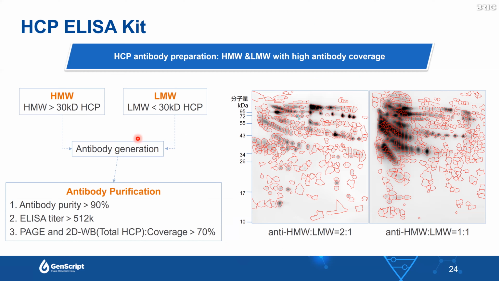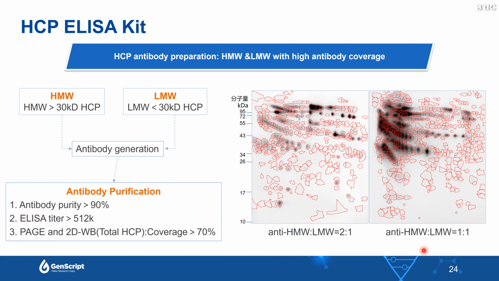After the antibodies are generated and purified, we have to make sure the purity is more than 90%, the ELISA titer is more than 512K, and the coverage of the SDS-PAGE and 2D Western blot is more than 70%. We mix the high molecular weight and low molecular weight protein-generated antibodies in different ratios to identify the best combination ratio for total HCP detection.